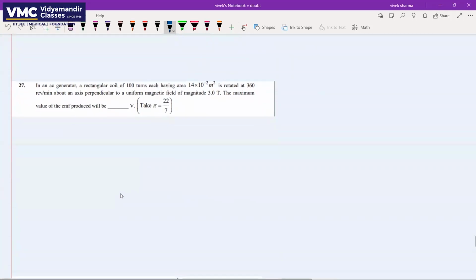It is the question of AC generator. It is saying that coil is having 100 turns, capital N की value दी गई है, area of coil is given, omega is given, and magnetic field is also given. So we need to find the maximum value of EMF.